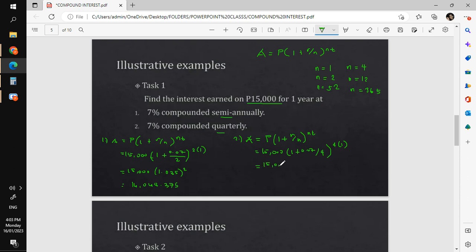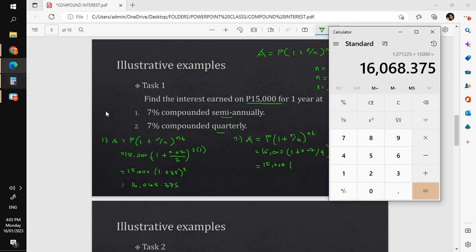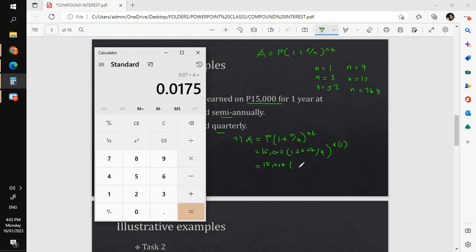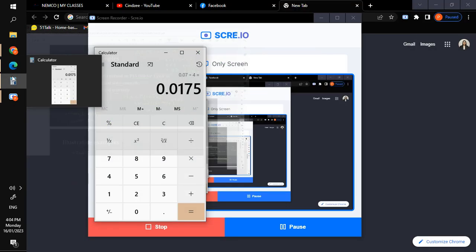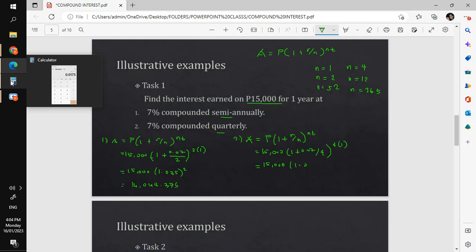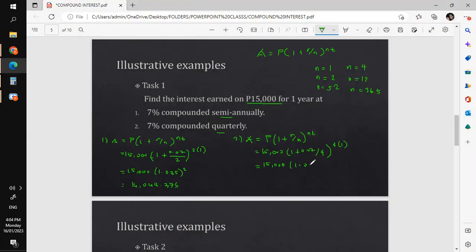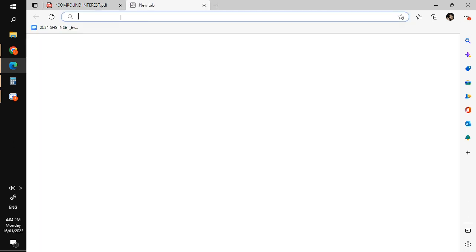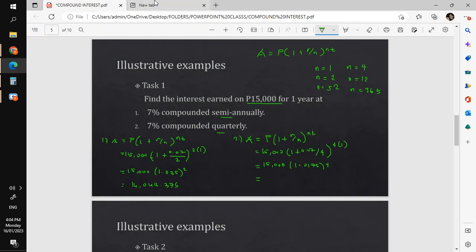Now, this gives us 15,000 times 1 plus 0.07 divided by 4. That is 0.0175 plus 1. This gives us 1.0175 raised to 4. So let's just type this in our digital calculator.